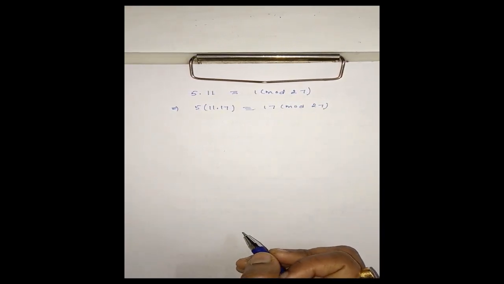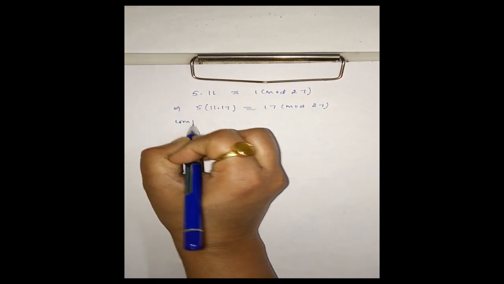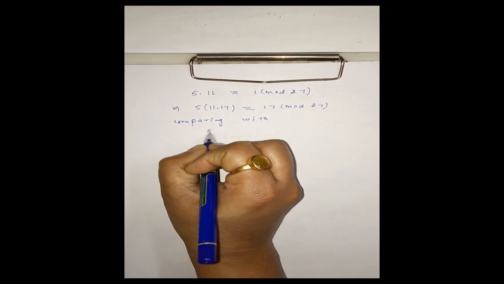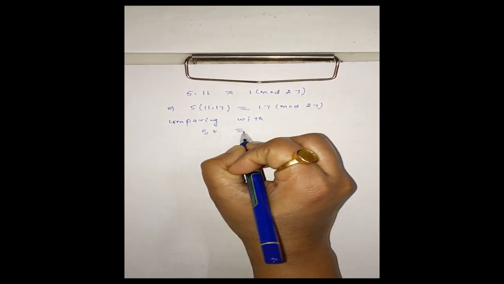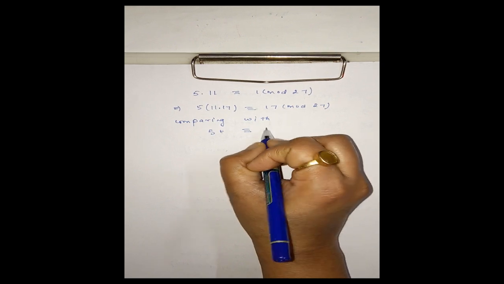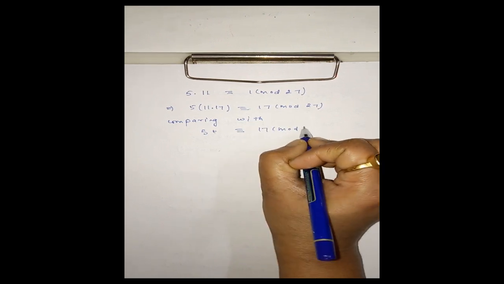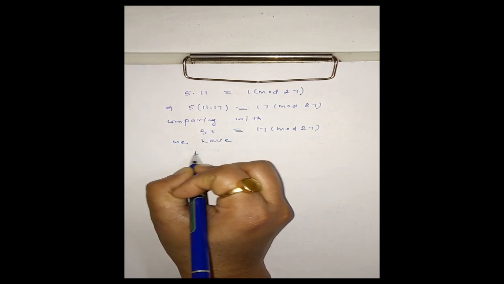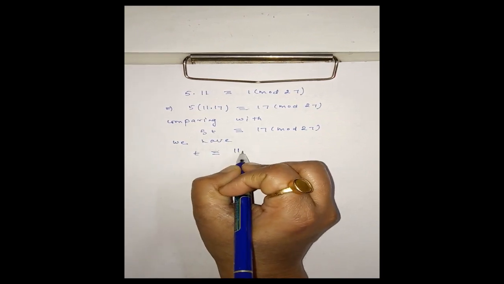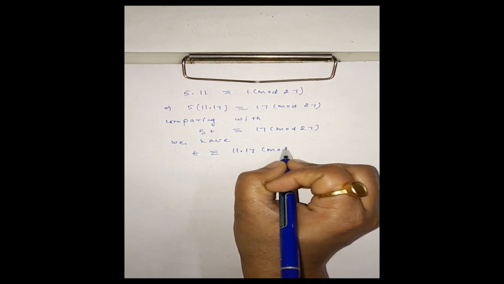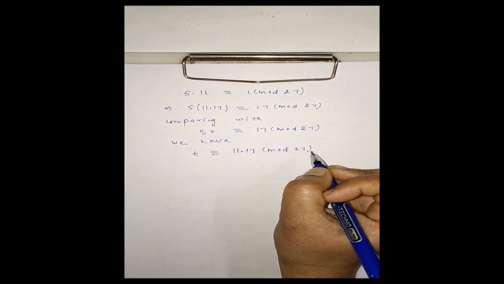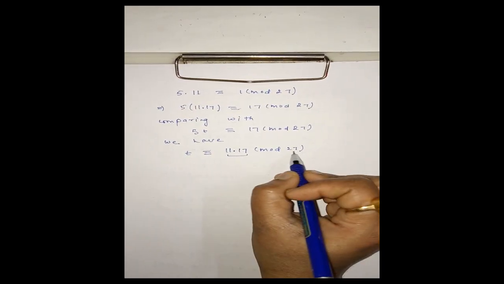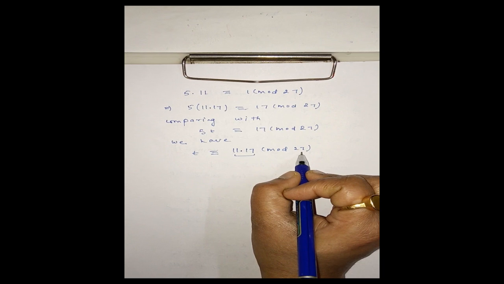Okay, clear? Now comparing with 5t is congruent to 17 modulo 27, we have the solution t is congruent to 11 into 17 modulo 27 is one of the solutions. Okay, now on solving this, this number is more than 27.